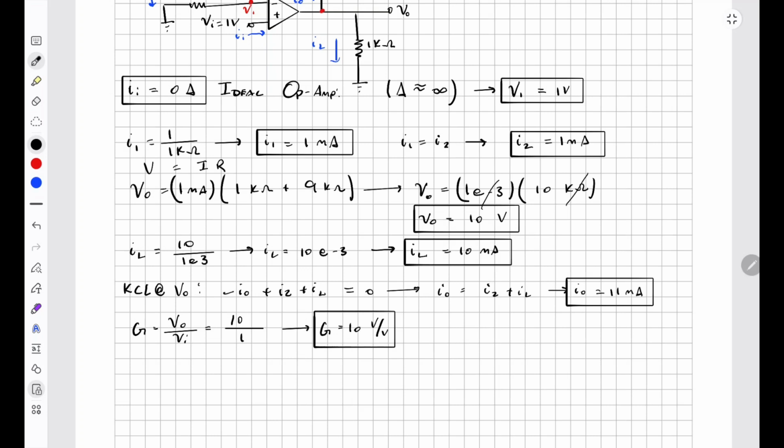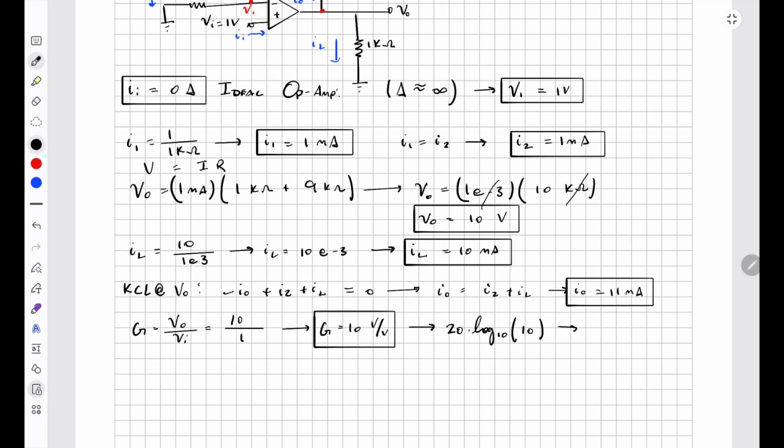Now just get in the habit that we should get used to using the decibels unit for gain. So recall, it's pretty simple. The formula is 20 times log base 10 of the gain in the linear, which is 10 volts divided by volts.